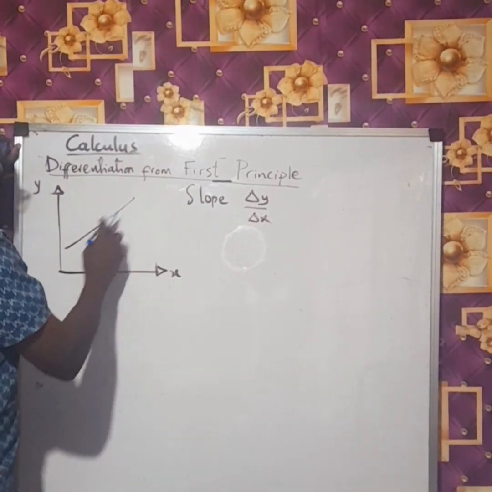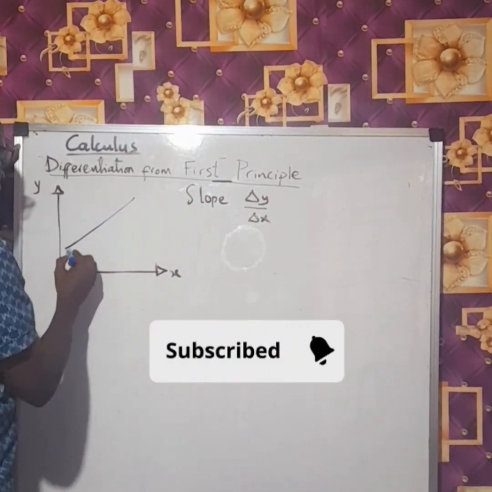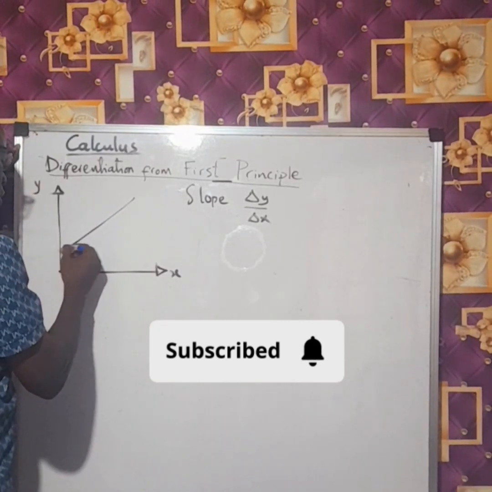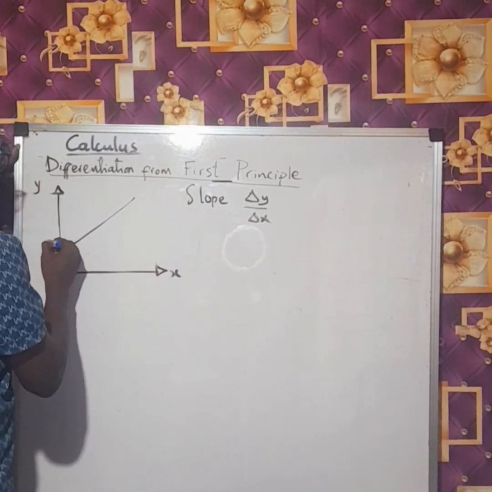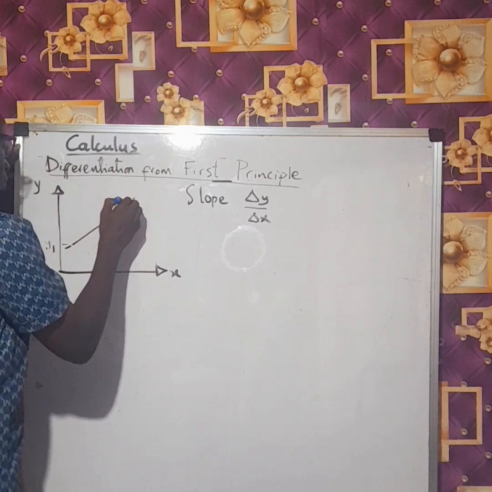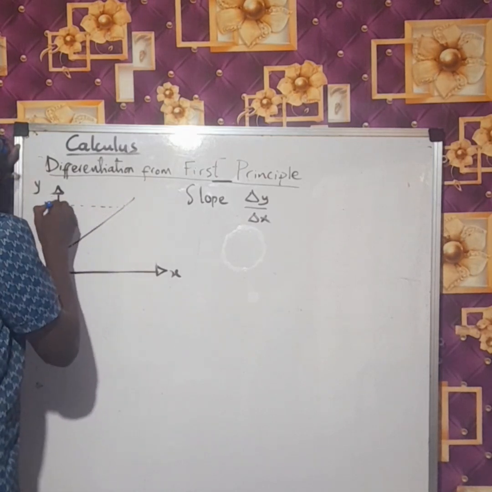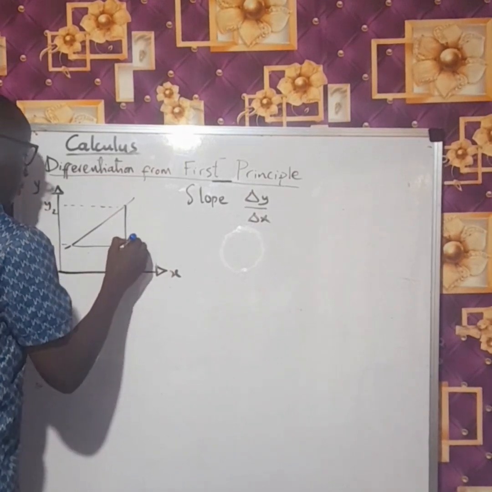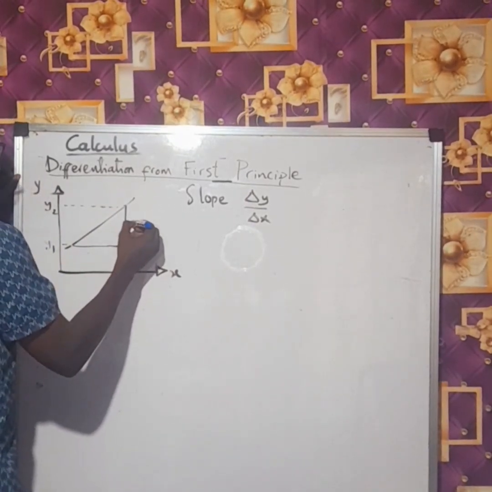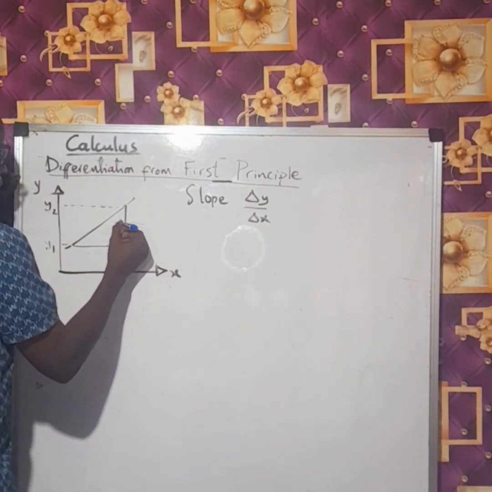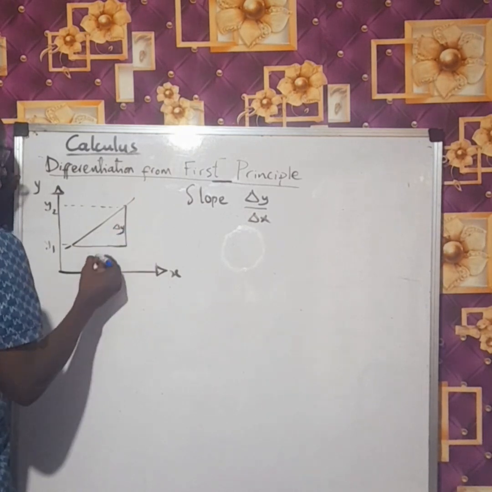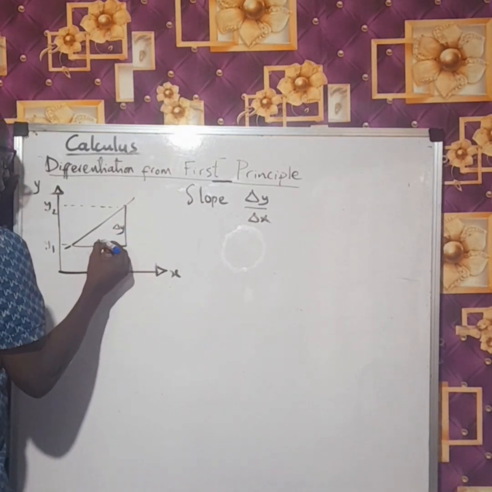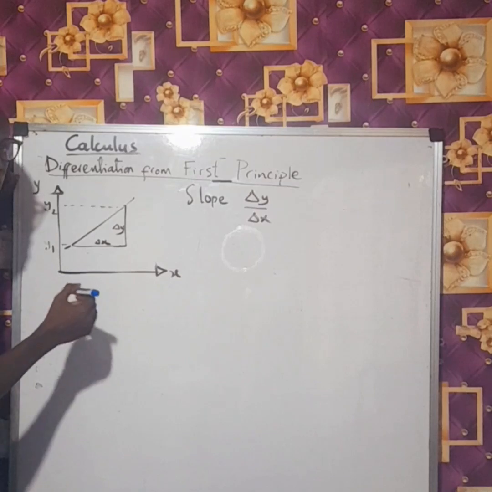Therefore, if I plot a graph and say this is the y1 value, and this is the y2 value, I would also have that this is my change in y, and this is my change in x. Are we there?